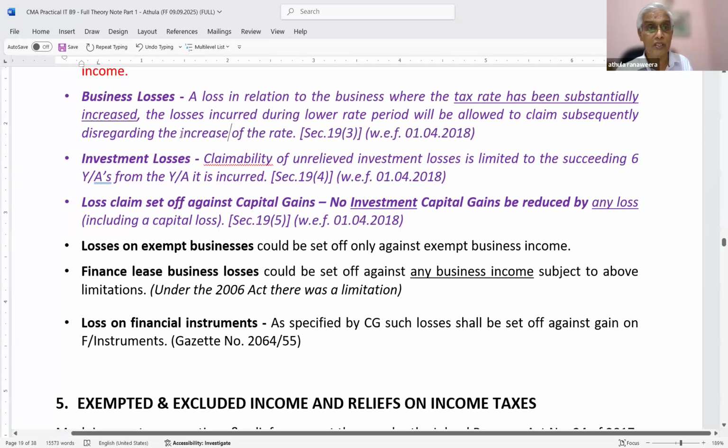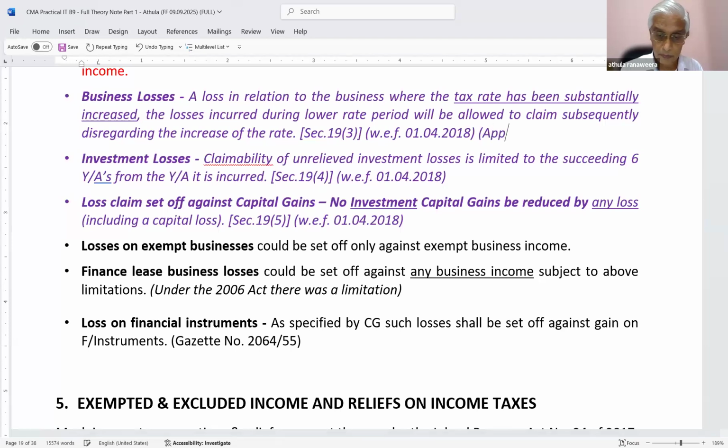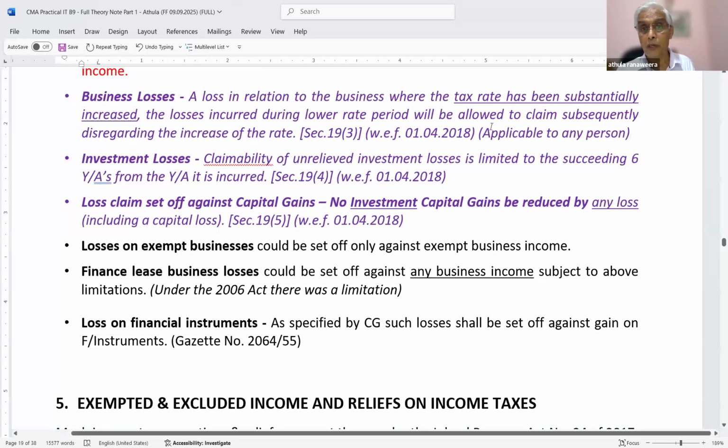Sorry, that's a mistake. Disregarding the increase of the rate. Subsequently increased. Now, under this, we can cover even individuals, because here it is not limited to companies. Any persons. This is applicable for any person.